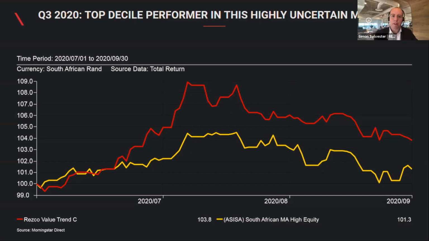So Rob, just to jump in there, just important to emphasize, we're very cautious around protecting our client capital. It's so important in these risky times that if something goes really wrong, we've still got the capital to grow in the future, right? So really important to note, yes, we did nicely. We got kind of 4% for the quarter, and we beat peers.